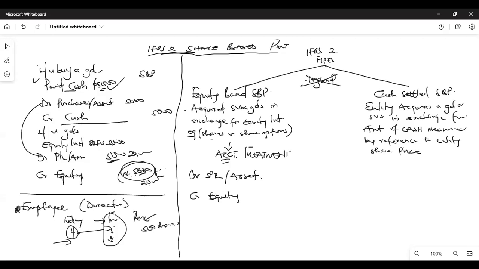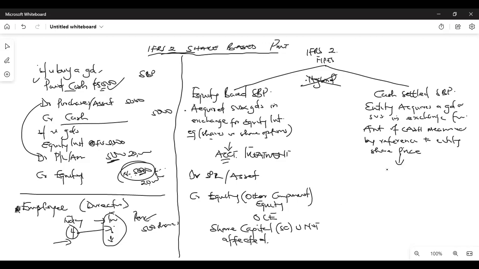This is what we call other component equity, in short, the OCE. Please bear in mind that at this point, the share capital, the stated capital, is not affected. It goes to other component equity.